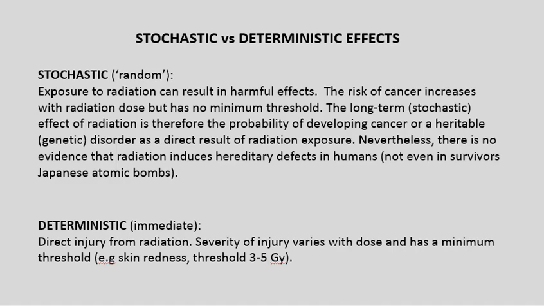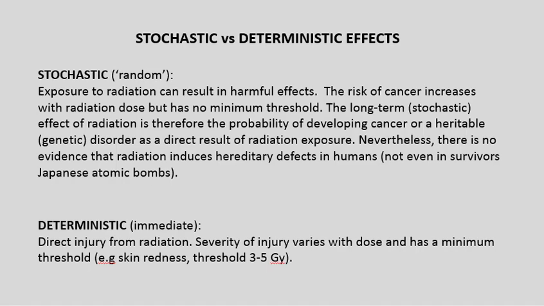It's never been proven in humans that this can happen. The main concern is the development of cancer, although animal studies have indicated that it is possible in animals to induce hereditary defects following exposures to large amounts of radiation. So stochastic is simply the potential to develop cancer following radiation exposure.